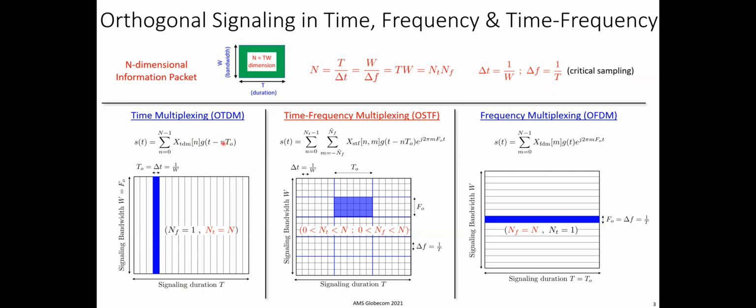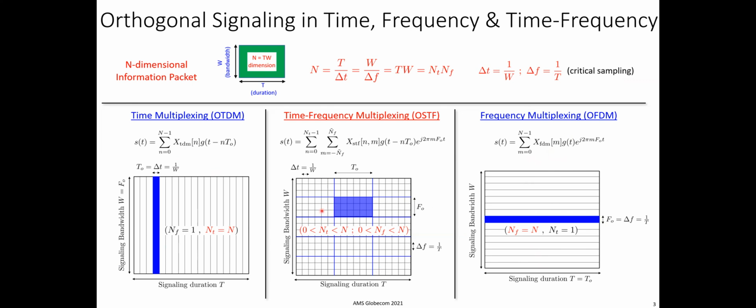So that's what's shown here, and you use Nt equals N time symbols. The other extreme is frequency multiplexing, or OFDM, where you multiplex the symbols over narrow frequency bands of the same width as the critical sampling in frequency, and you have N of them which span the entire bandwidth.